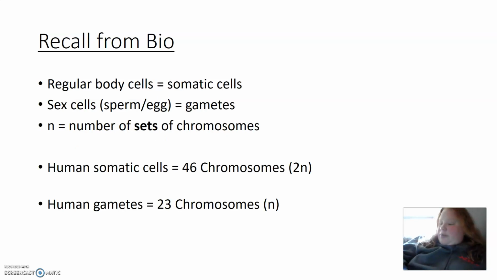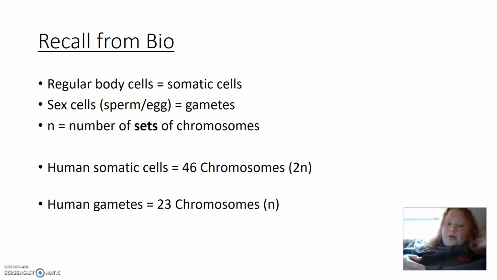Okay, so think about biology. Remember, your regular body cells are called somatic cells. So if you were going to swab my cheek and look at the cells in my cheek, those are known as somatic cells. They're just regular body cells. Sex cells are known as gametes or germ cells. And in a cell, when we're talking about the sets of chromosomes that are in a cell, that is represented by the number N. So, human somatic cells, you have 2 sets of chromosomes, right?